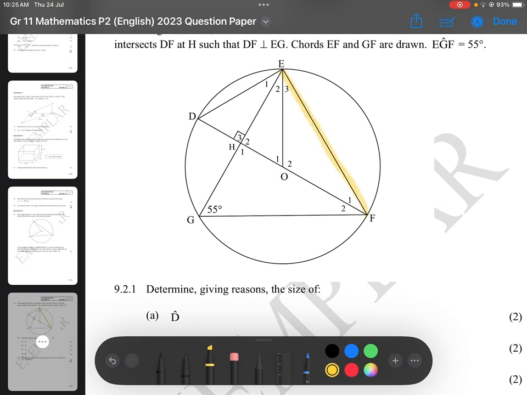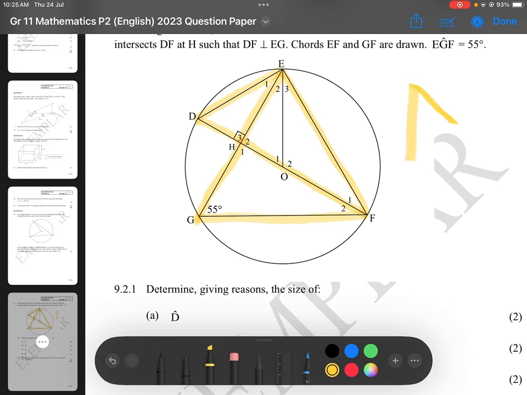If I extend this chord EF to the other side of the circumference, if I can extend EF to the point D and I can extend it to the point G. So I've now got this bow tie.